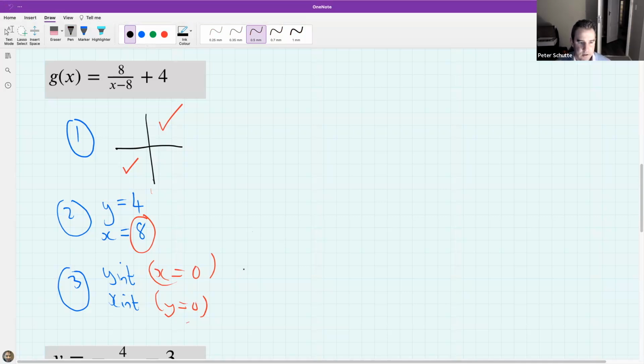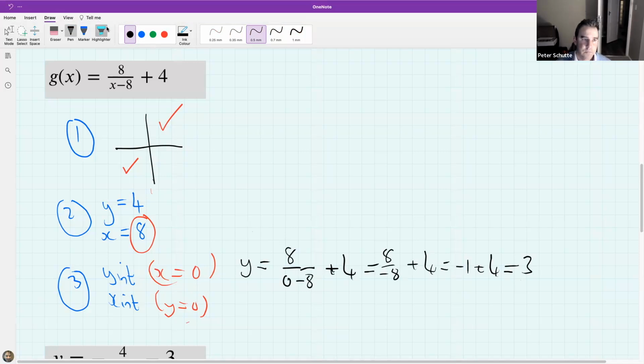We have here, so we have y is 3. And then for the x-intercept, it's a little bit trickier.